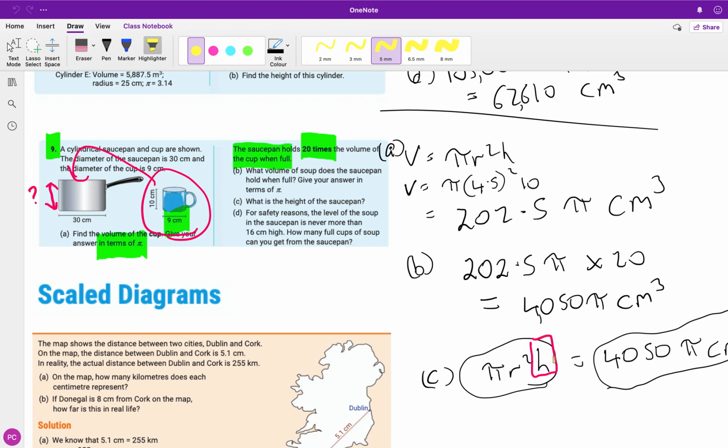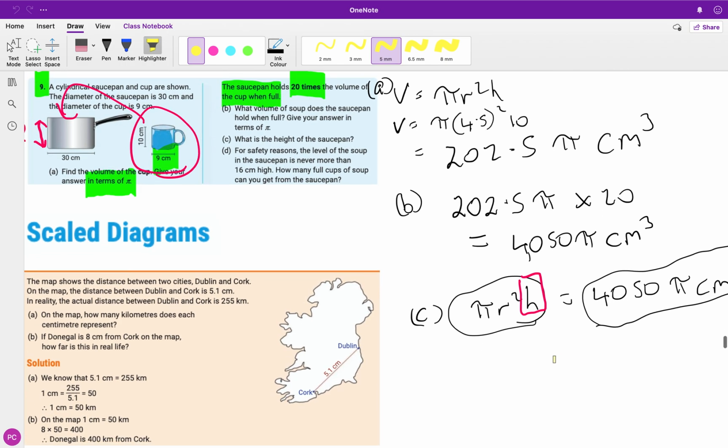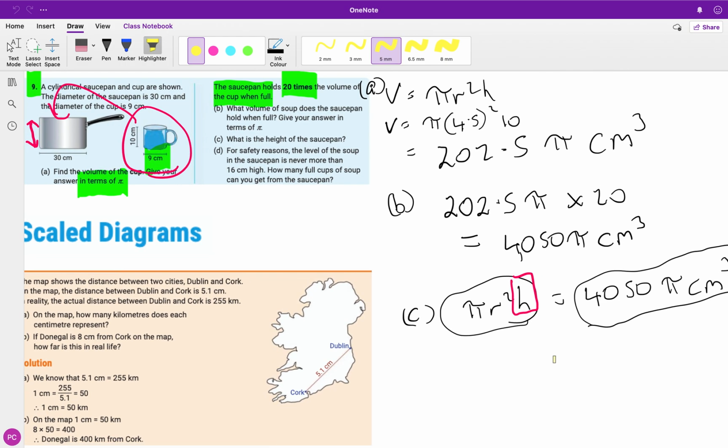To be honest with you, when I'm working with these formulas, I like to get h on its own, what I'm looking for, at the start, but it's up to yourself. You can sub in the left, sub in the right, and then leave it at that. Because we have pi on both sides, we can divide both sides by pi. Because it doesn't say in terms of pi this time, we can immediately get rid of pi.